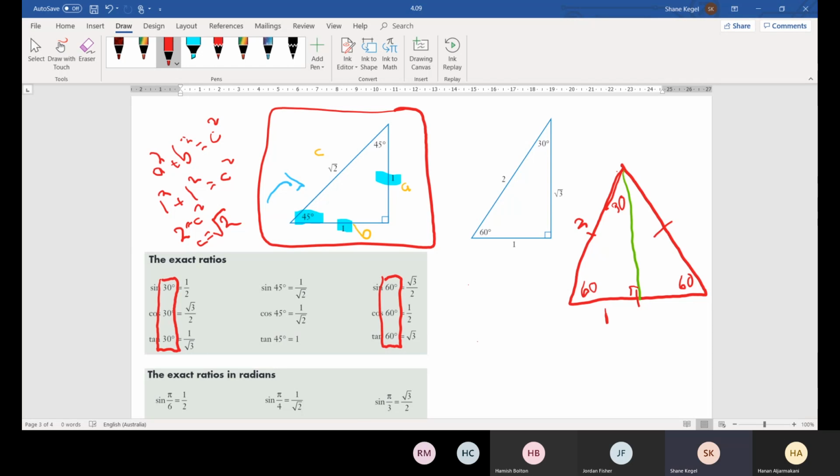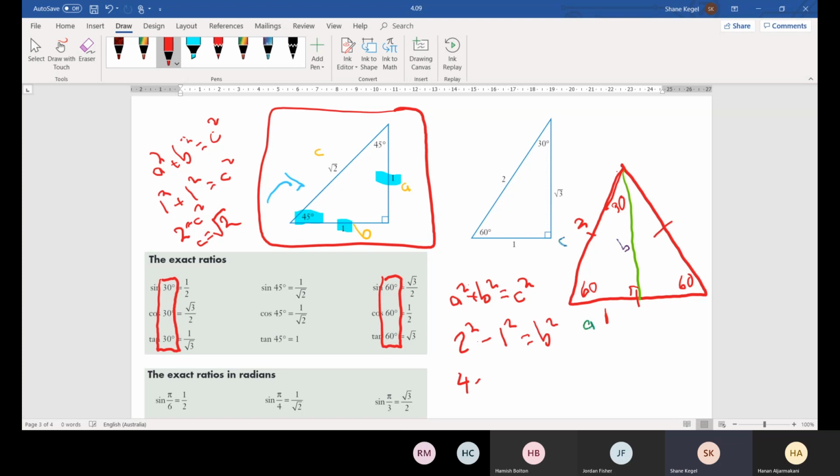And then again, they used Pythagoras. So A squared plus B squared equals C squared. So our sides here, we've got this is C, and that's B. So we're trying to work out B. Plugging my values in, I know that C is 2, so 2 squared, take A squared, which is 1 squared, equals B squared.